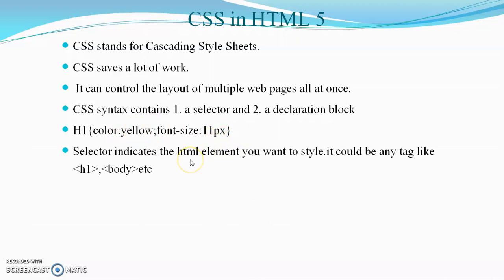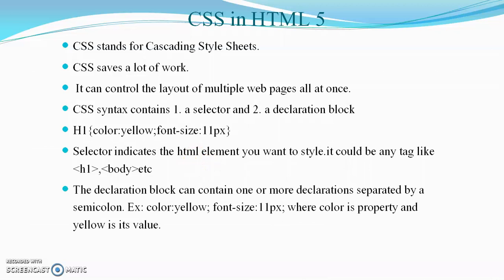So selector indicates the HTML element you want to style. It could be a tag like H1, body tag, and after that the declaration block contains one or more declarations separated by a semicolon.